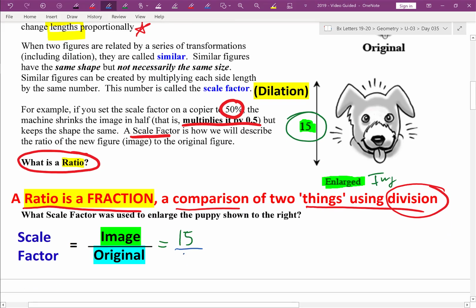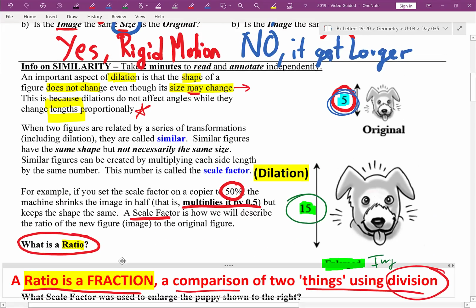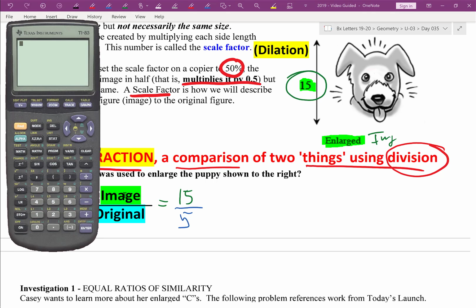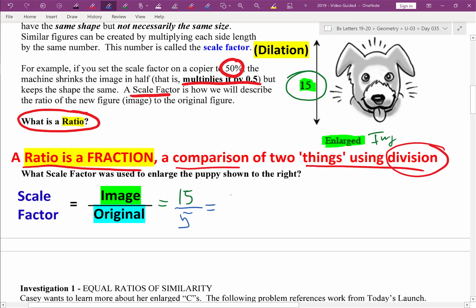Put that in the bottom. When you compare the image to the original in a ratio, it spits out the scale factor. This tells you my scale factor was 3. That's one of the values of a ratio.